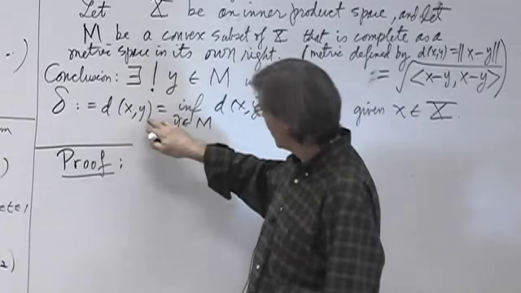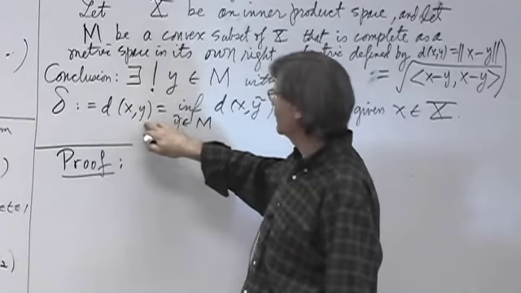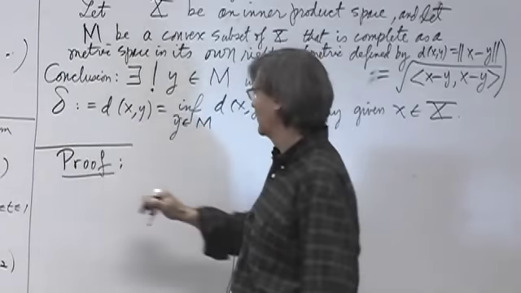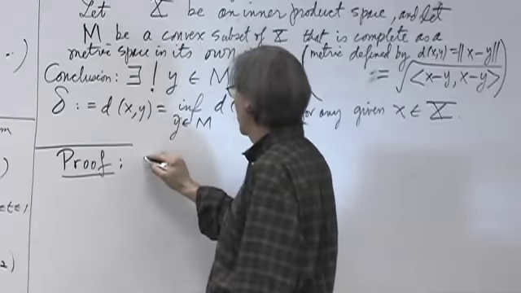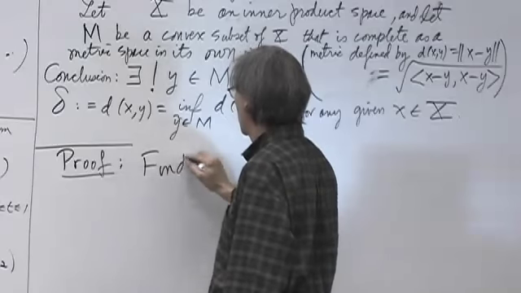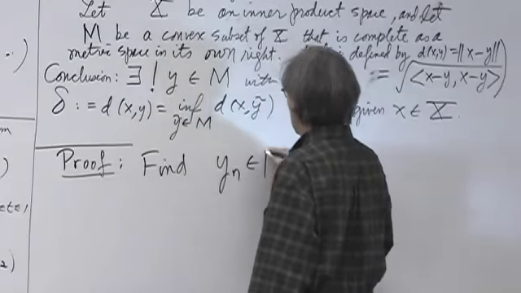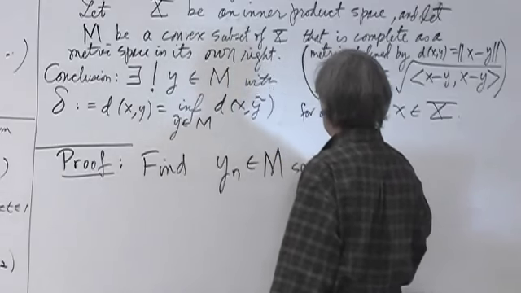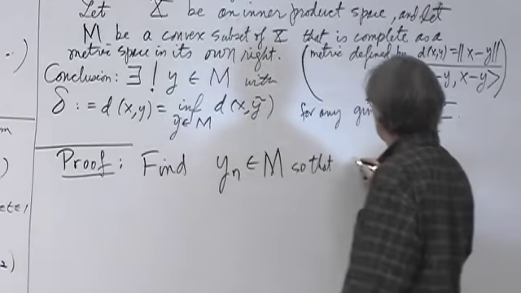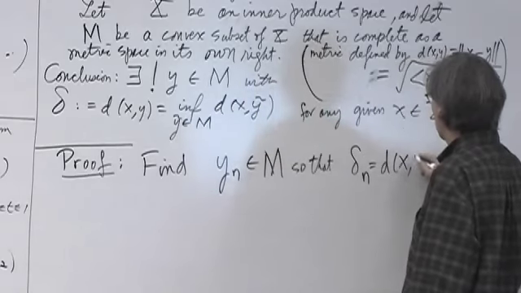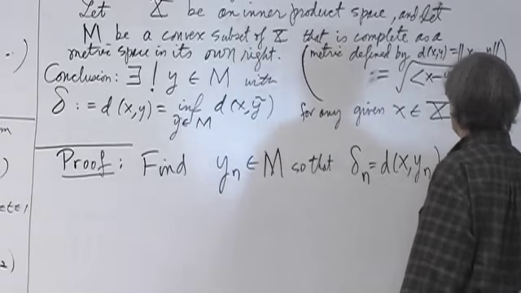So I'm going to choose yn so that d(x,yn) goes to delta. Find the sequence yn in M so that delta n equals d(x,yn) goes to delta.